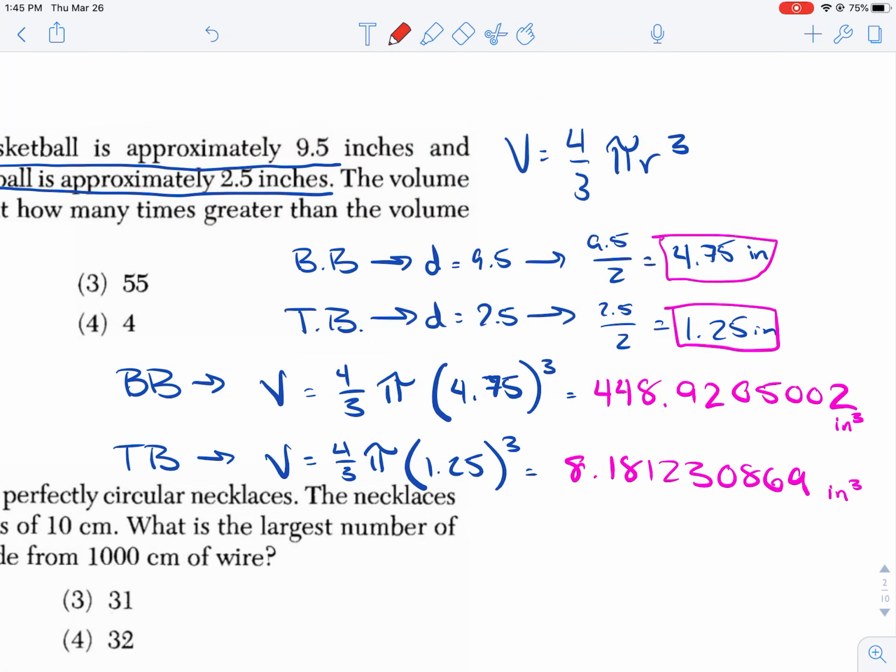So let me get a different color here. So 448.9205002 divided by 8.181230869. Takes me a second to plug all that in.